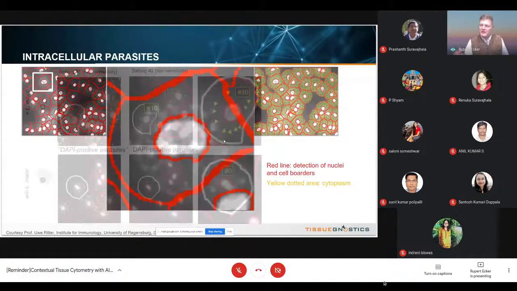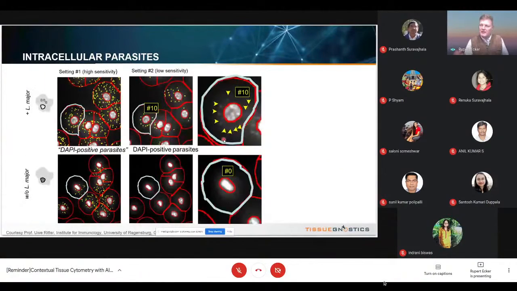Now, this algorithm is a mathematical procedure. It does not obviously really understand what the parasite is. It works with groups of pixels, uses intensity or texture parameters. So we need to fine-tune the algorithm and set its sensitivity. In the lower panel here, we see the control population without Leishmania major.